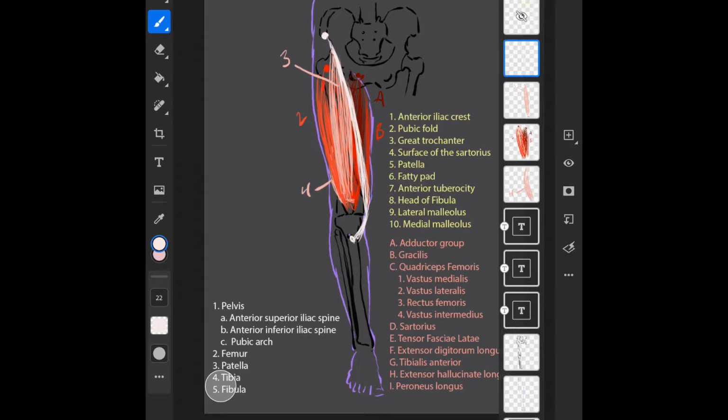You can sometimes see this muscle when the leg is really tensed or trying to rotate inward, but mostly it's visible as a depression, your Sartorius muscle.